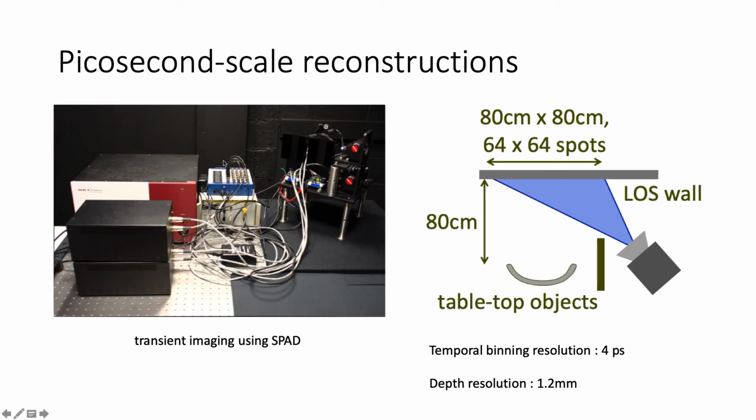The temporal binning resolution of the TCSPC unit is 4 picoseconds, and the absolute upper bound in depth resolution is about 1.2 millimeters.